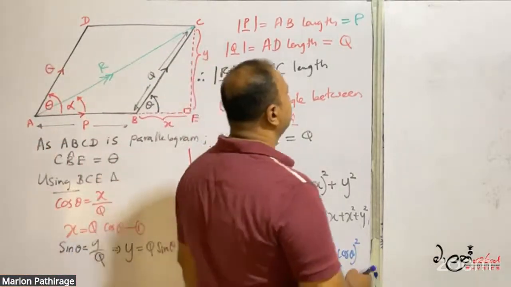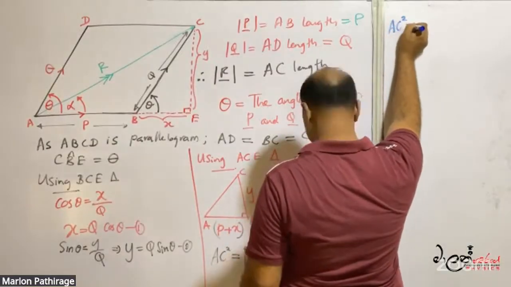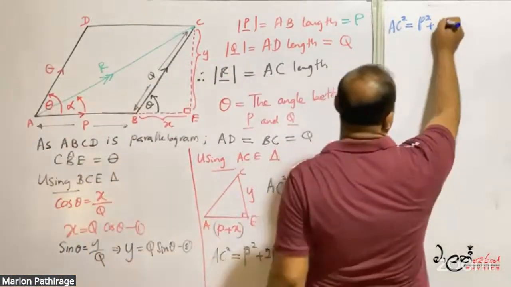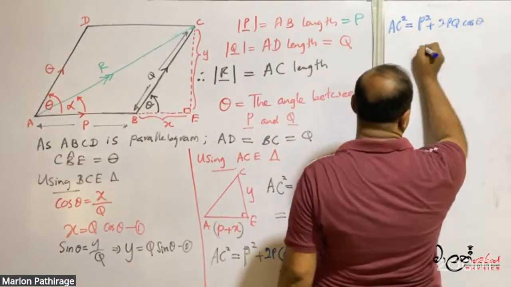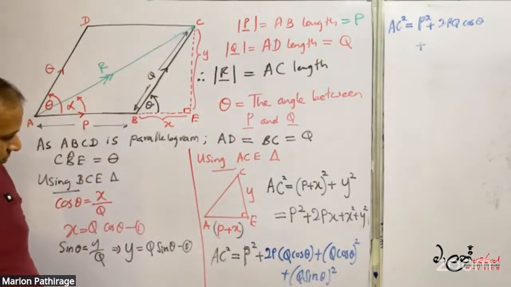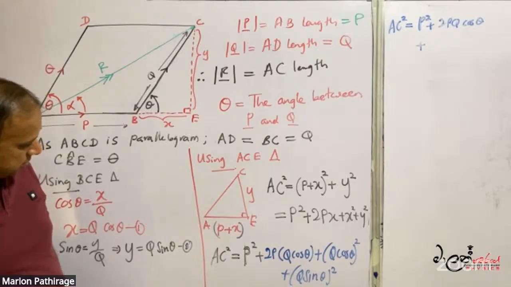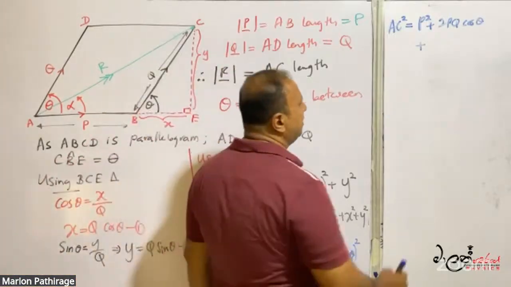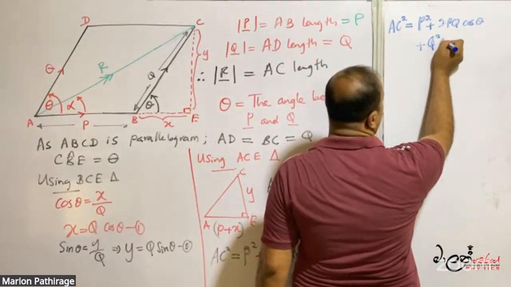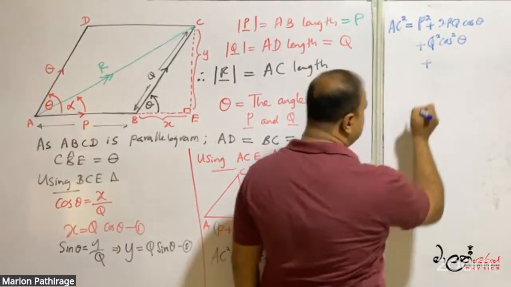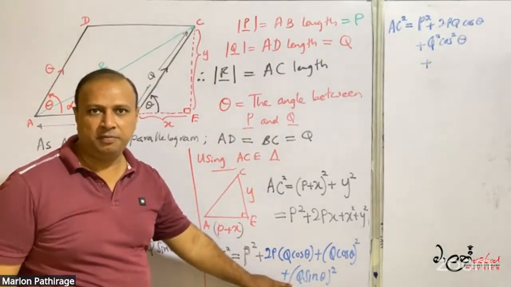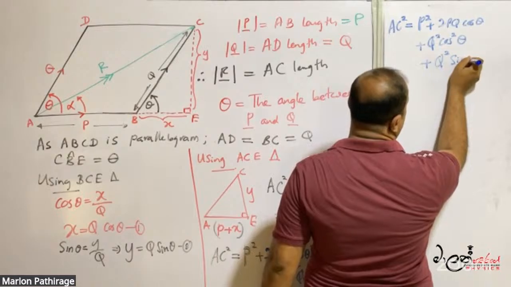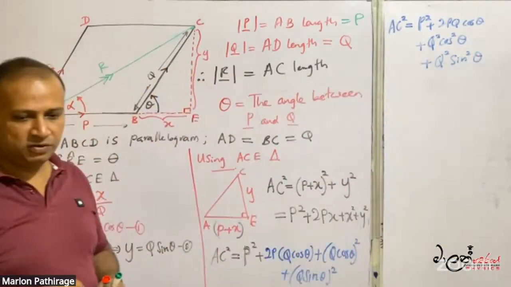Therefore, I can write this one again. AC squared is equal to P squared plus 2PQ cos theta plus, here (Q cos theta) squared means Q squared cos squared theta, plus here (Q sin theta) squared means Q squared sin squared theta.